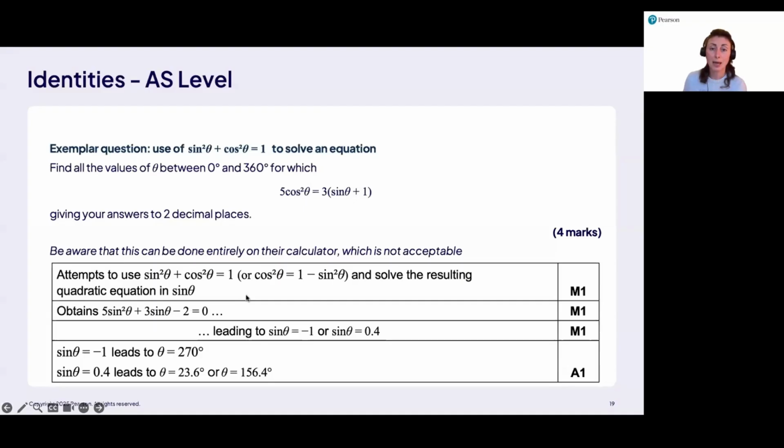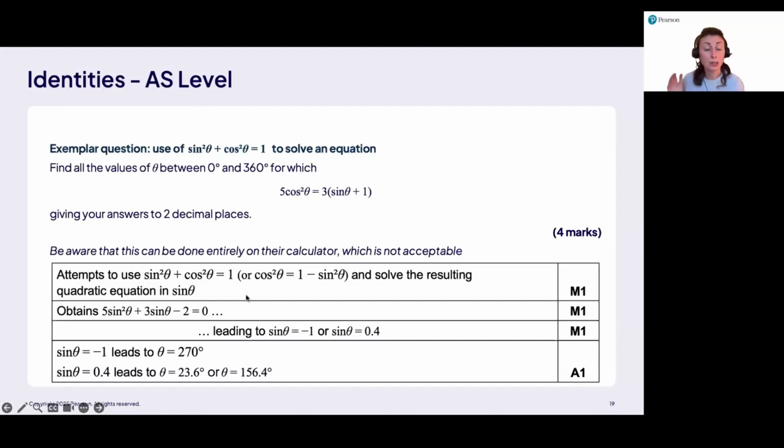It does say in italics there, be aware that this can be done entirely on their calculator, which is not acceptable. So it will say that in the mark scheme for the examiners. The first stage they should be using their calculator is to solve the quadratic. They shouldn't be using it from the get-go.